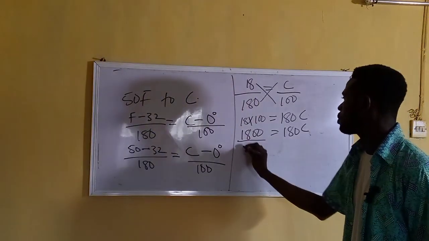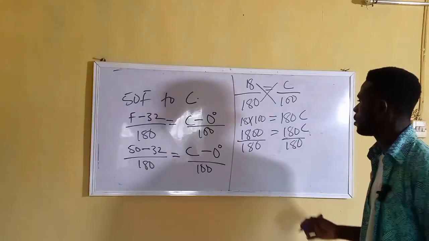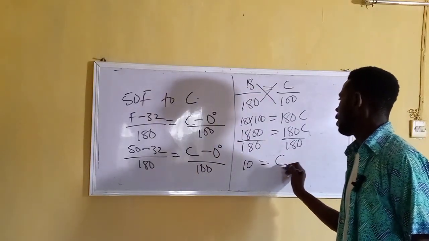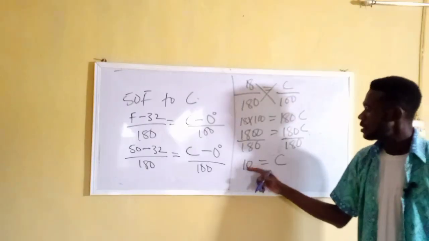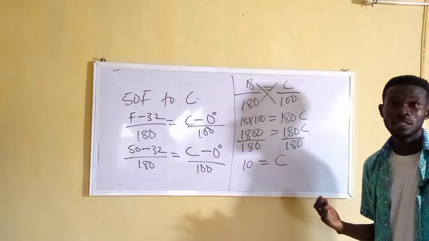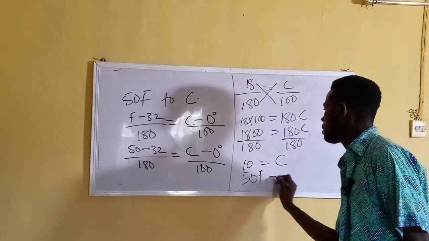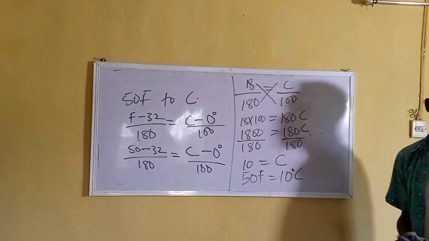Then, if you divide both sides by 180, this will give you 10. And that means that our Celsius is 10. So, our calculation tells us that 50 Fahrenheit is equivalent to 10 degrees Celsius. This is how you carry out your conversion.